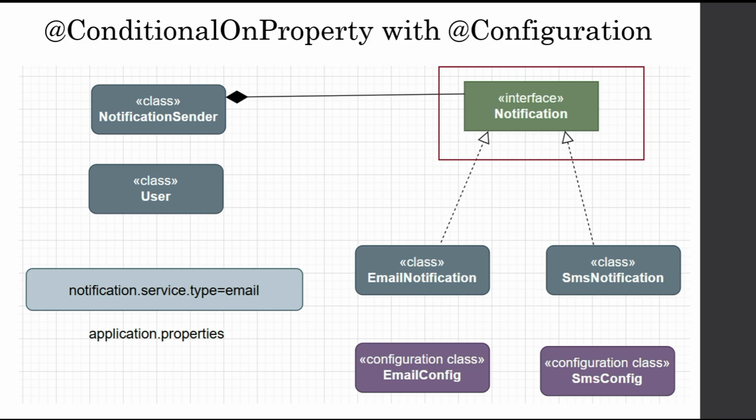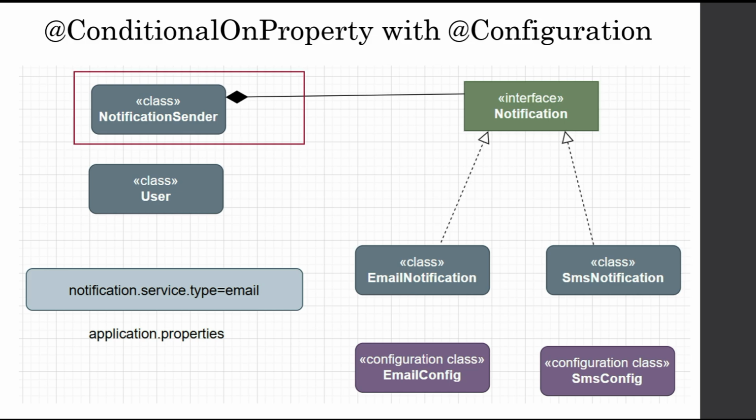The EmailNotification class provides the functionality to send email notifications, and the SMSNotification class provides the functionality to send SMS notifications. The NotificationSender class contains a Notification dependency that could be either EmailNotification or SMSNotification. The NotificationSender class internally uses the Notification instance to send the notifications to the users.